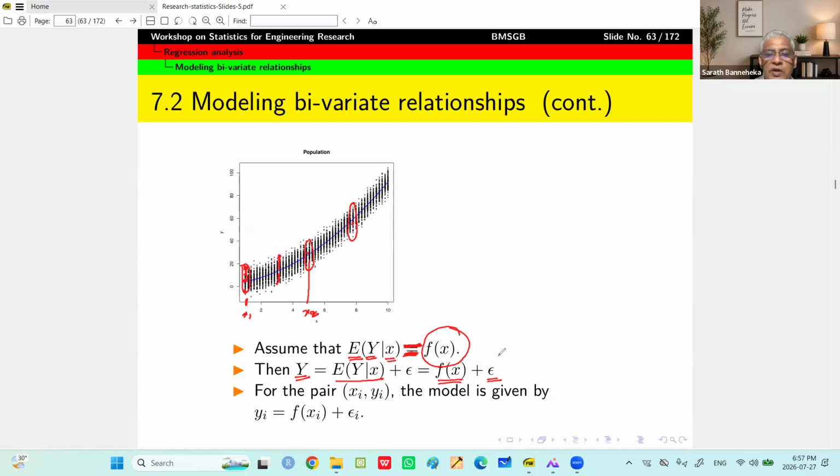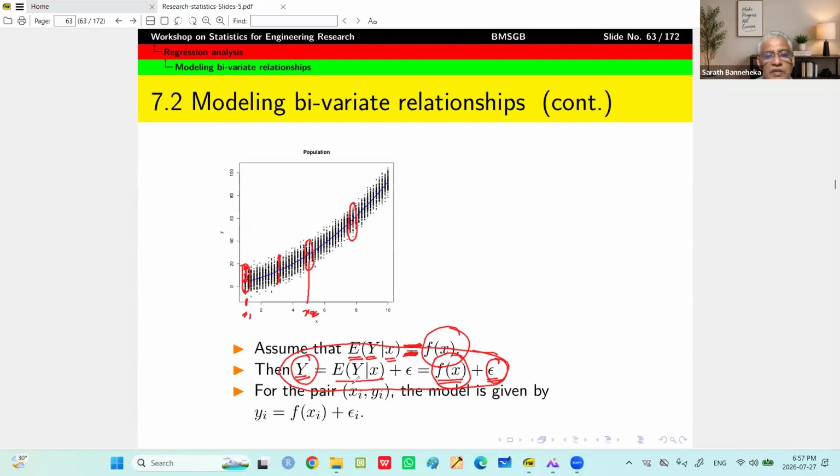This is called the regression model for y in terms of x, right? This part is a mathematical equation, so that part is called the deterministic part of the model. And y will be a random variable. Therefore, epsilon will also be a random variable.